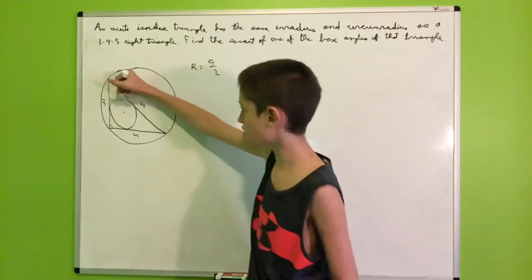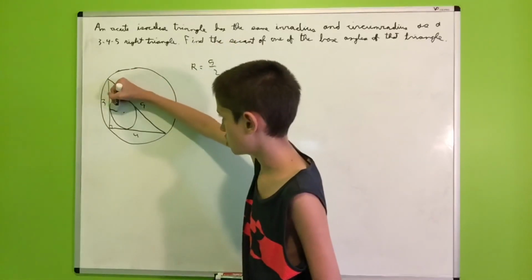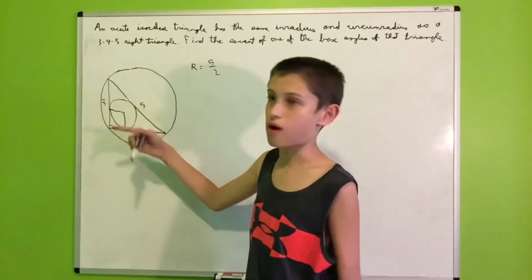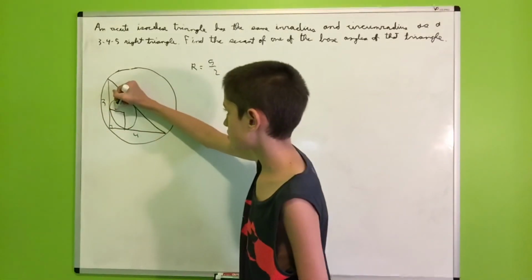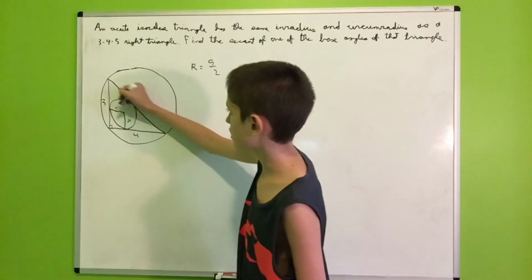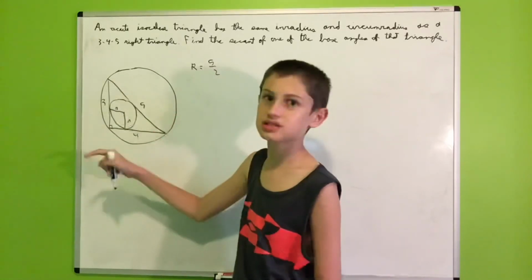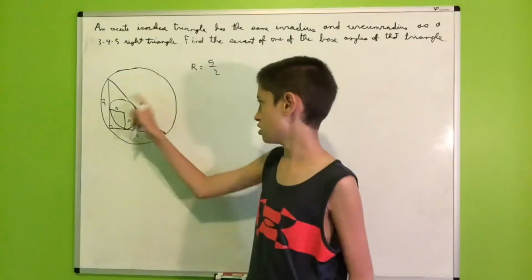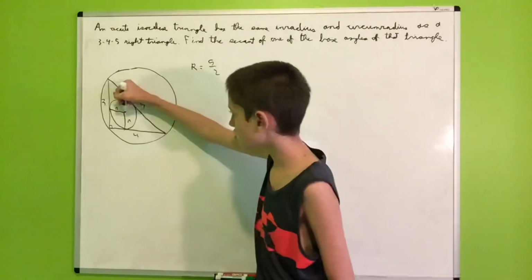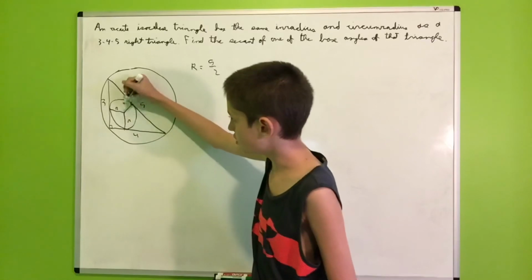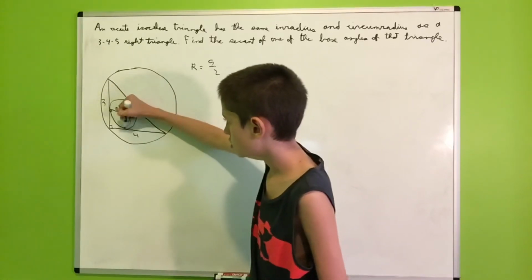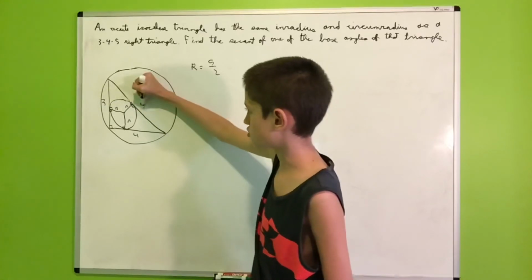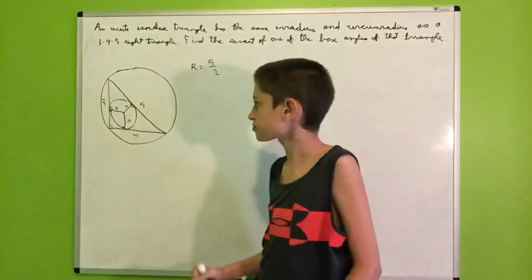And then let's calculate the inradius of our triangle. So let's call this radius little r, and since it is tangent to all the sides of our triangle, all of these will be right angles, and this is also r, I forgot to mention that.